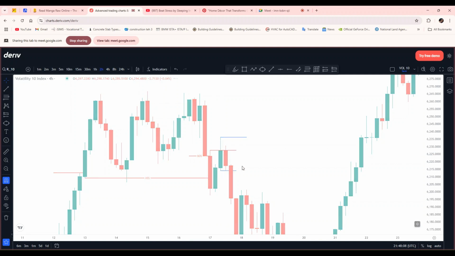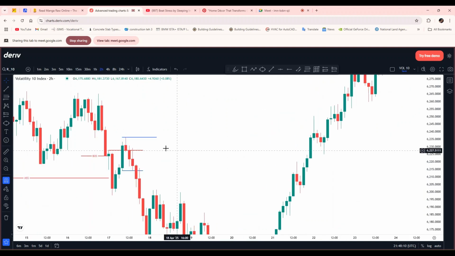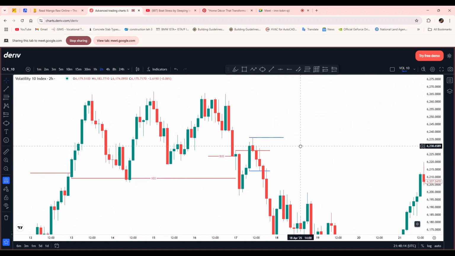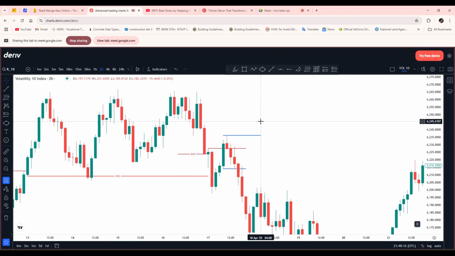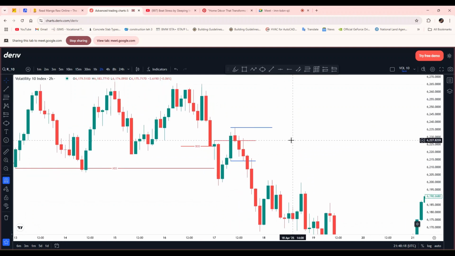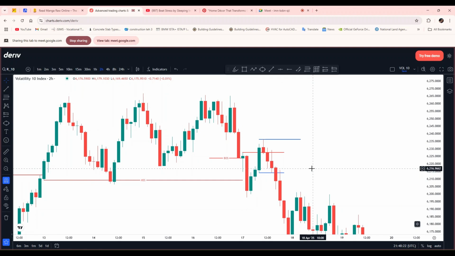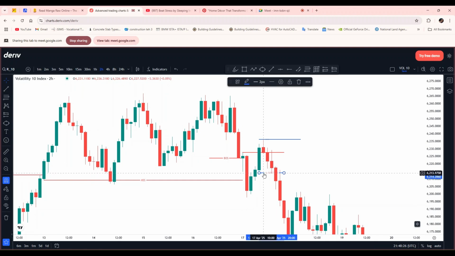Now, let's hit the 2 hours time frame. Here we are on the 2 hours. Now, on the 2 hours time frame, based off the range that we highlighted from the 4 hours, this is the trading range low, this is the trading range high.